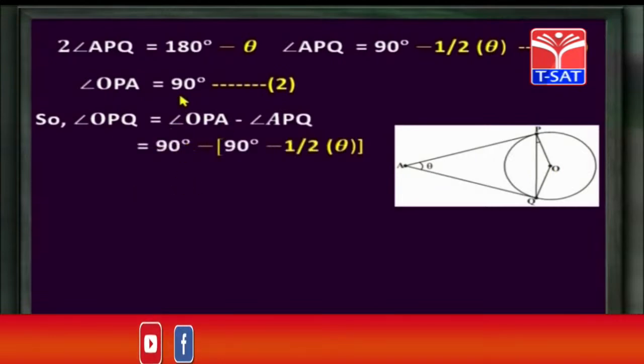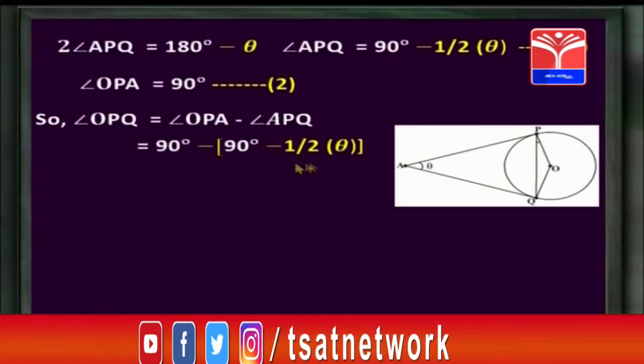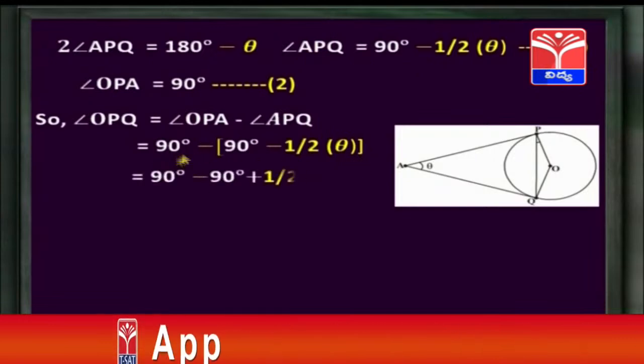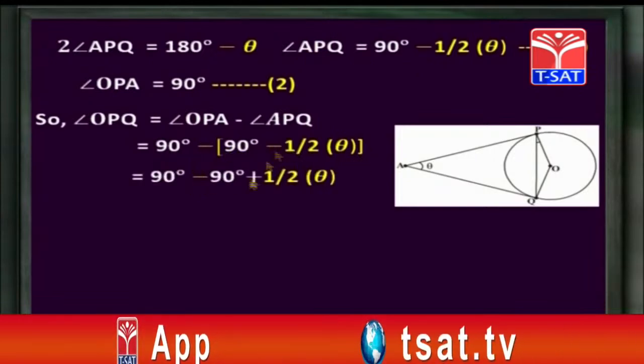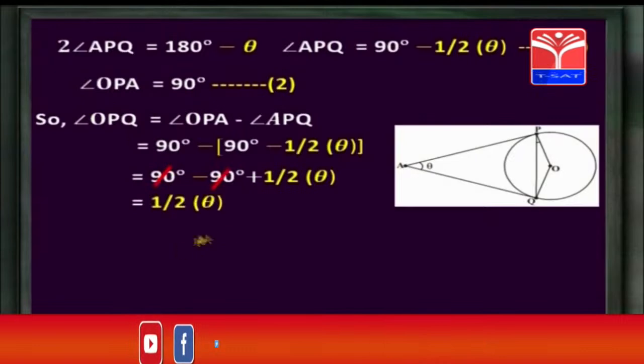OPA is 90, and APQ is 90 minus 1 by 2 theta. So 90 minus 90 plus 1 by 2 theta, the 90 cancels. Finally, I am getting OPQ as 1 by 2 into theta.